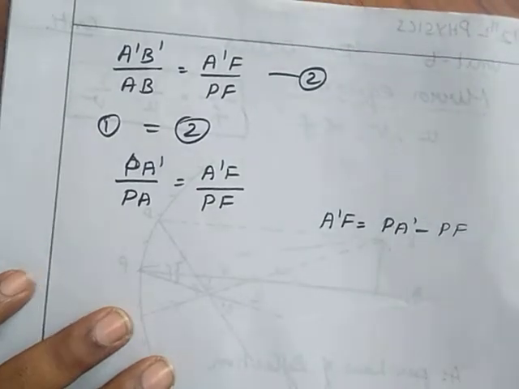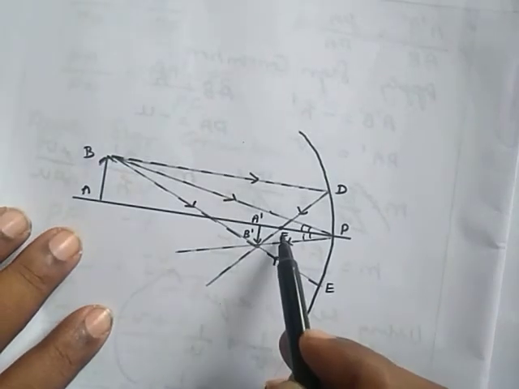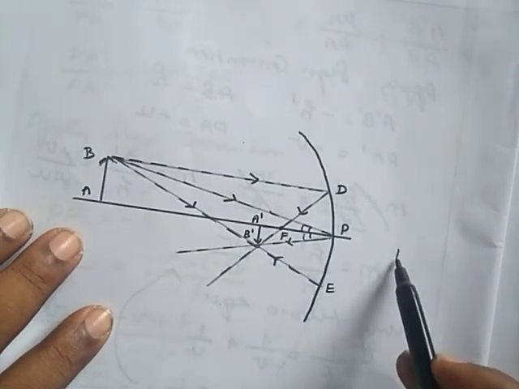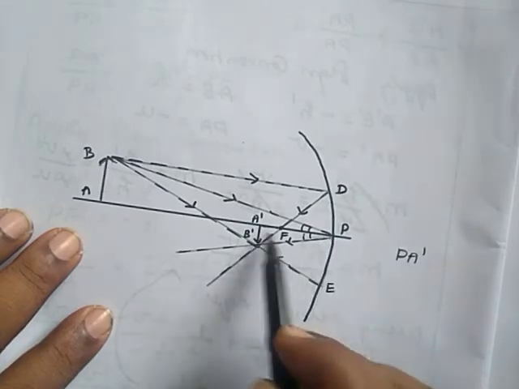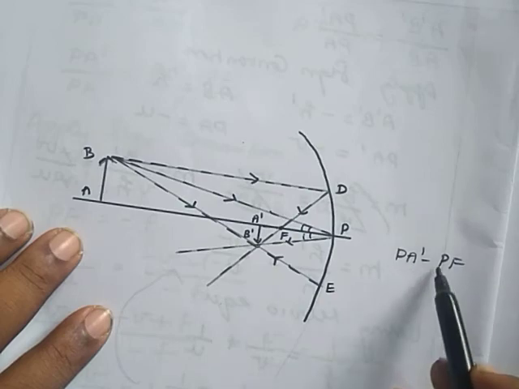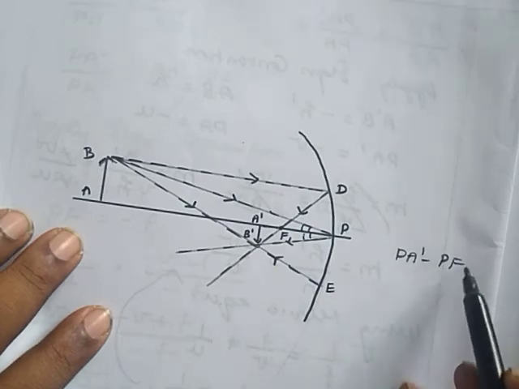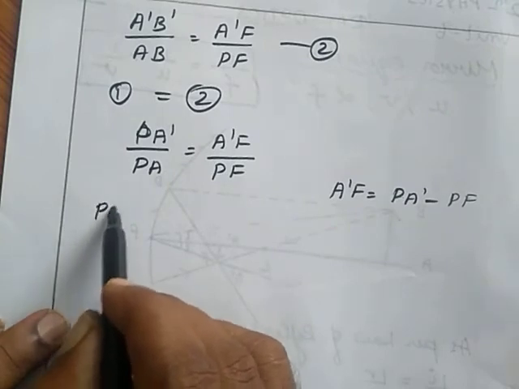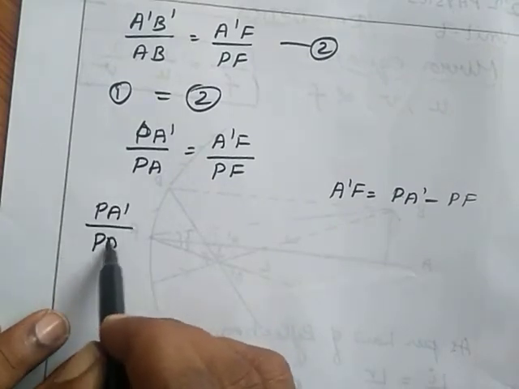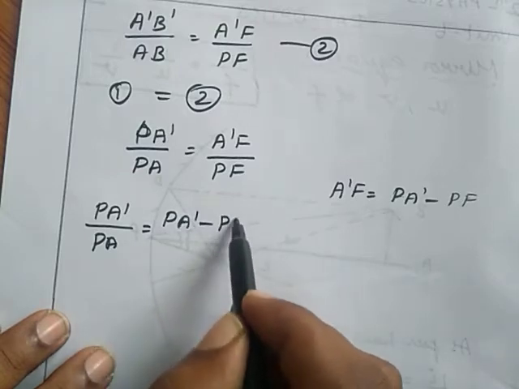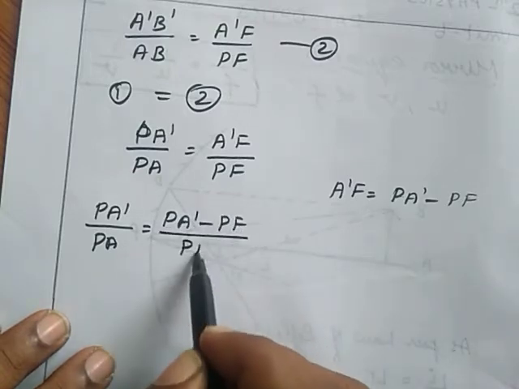PA dash is v, PF is f. Substituting in this expression, PA dash by PA is equal to PA dash minus PF by PF.